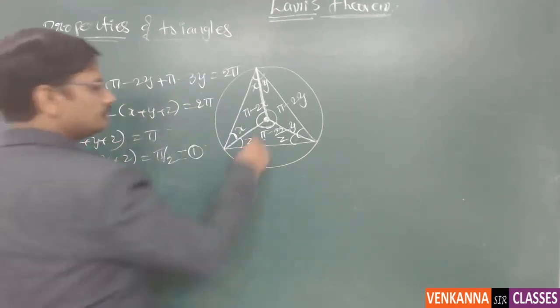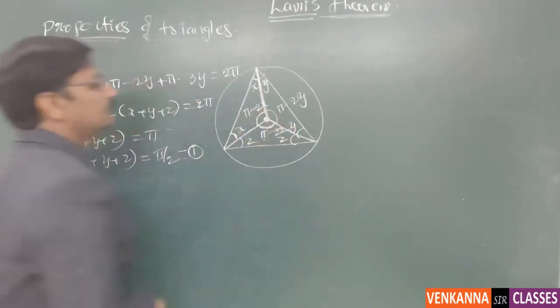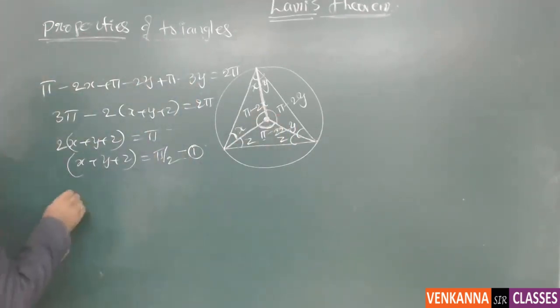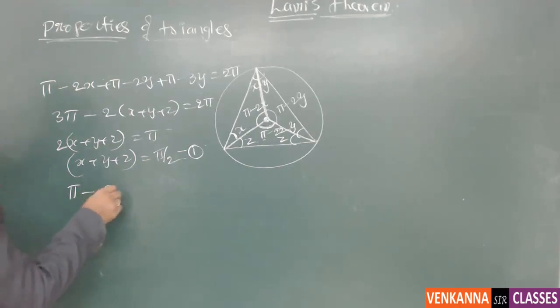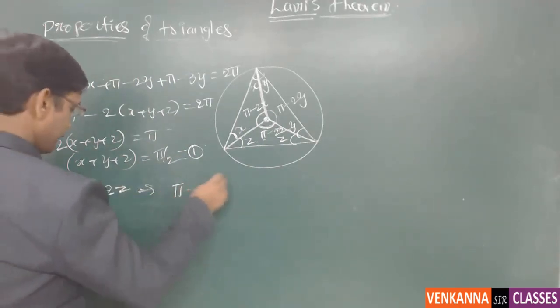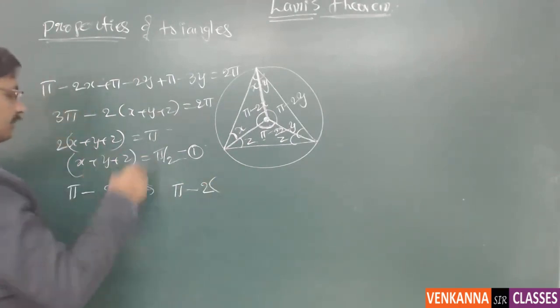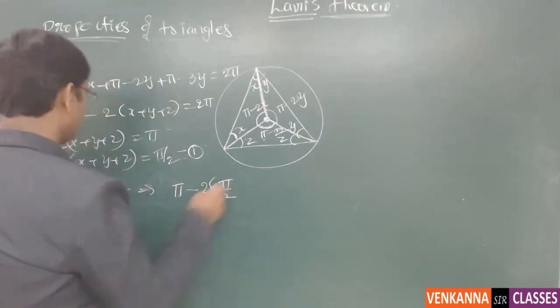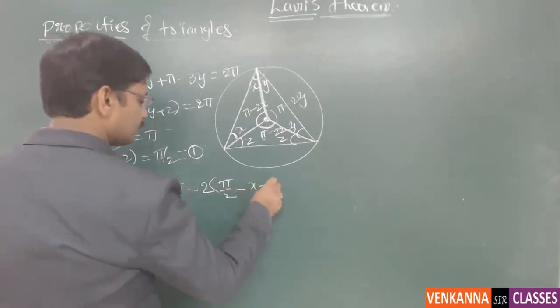Now, we want to calculate this value. This value is nothing but pi minus 2z. So pi minus 2 times z, where z is pi by 2 minus x minus y.